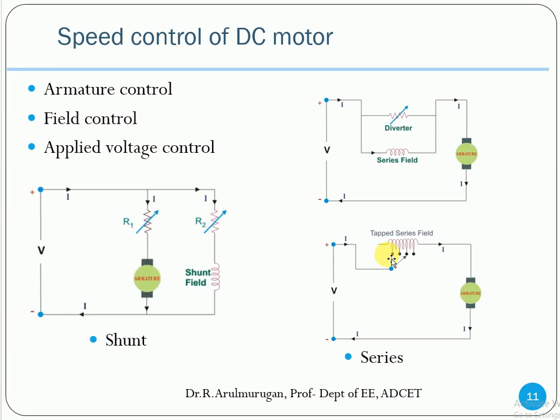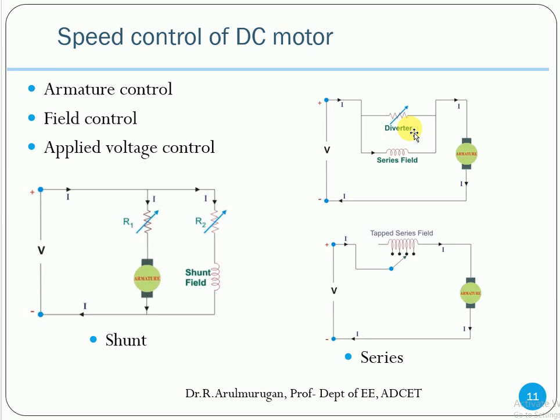How does the auto transformer work? When you vary the knob, the number of turns of the winding varies. Similarly, the field winding turns vary, and the speed varies. This method comes under the field control method, but practically it is complicated, so a rheostat is used to achieve it.